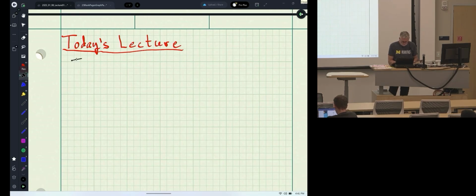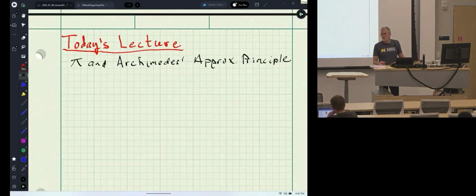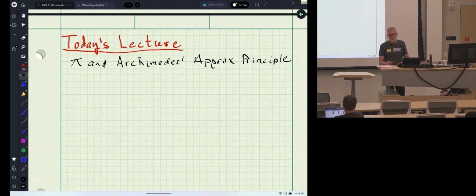Pi and Archimedes' approximation principle. So Archimedes, he's the person who said, give me a big enough lever and a fulcrum and I will move the earth, okay?